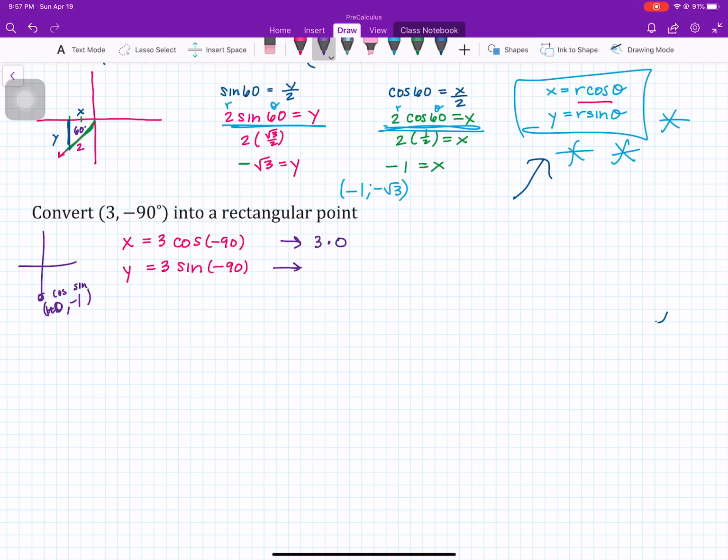And then y is going to equal 3 times the sine of -90, which is negative 1. So it's the point, your x is 0 and your y is negative 3.